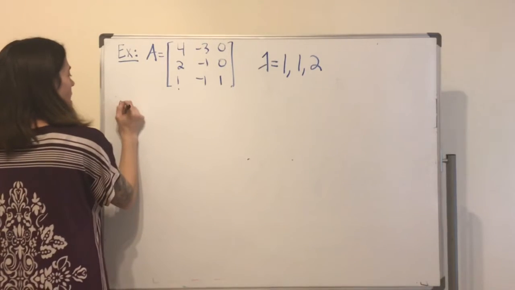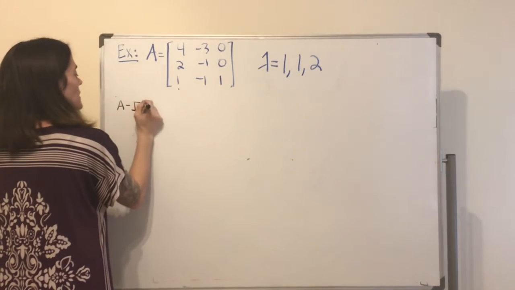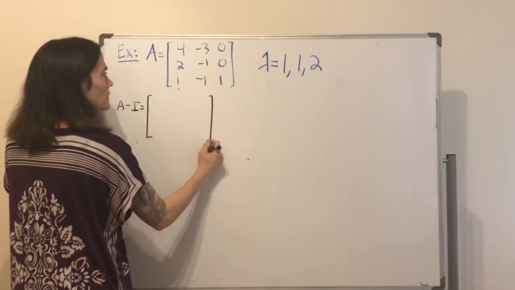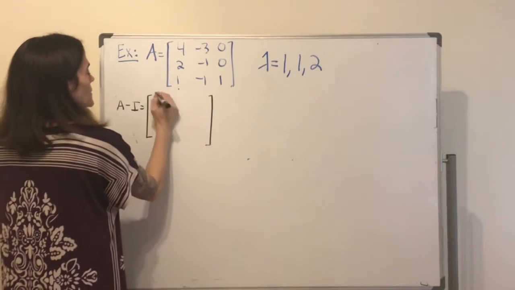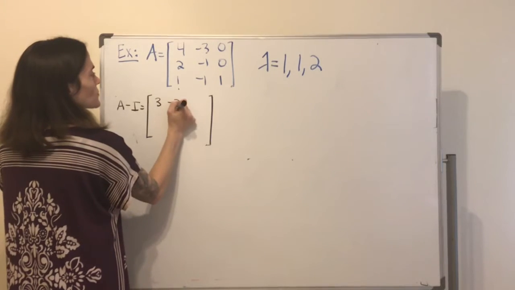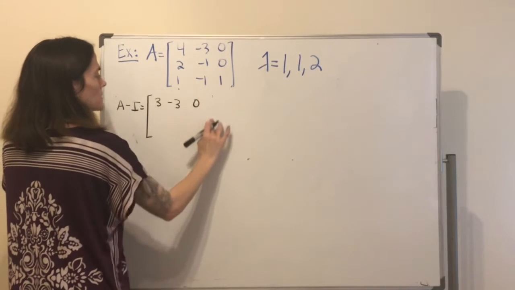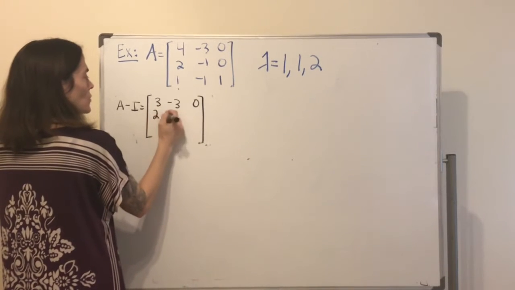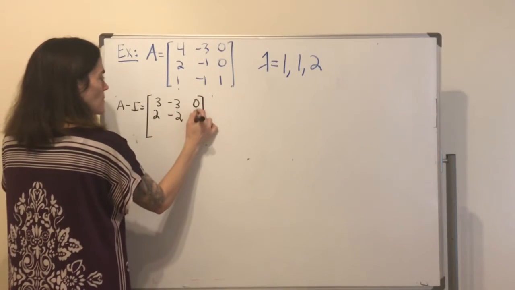Okay. Here we go. A minus I. This is for eigenvalue 1. This will be 3 minus 3, 0. This will be 2 minus 2, 0.